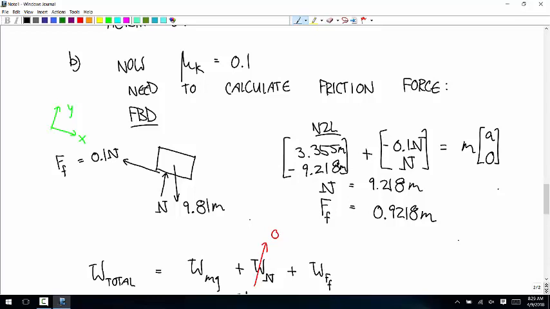But then for the friction force, it's just negative 0.1 N in the x direction, 0. So once we find N, we can calculate that force. And that's just a magnitude. You ignore the 3.25 times. Yep, because all we're trying to find is the force of friction. This is a weight force. That's just the force.